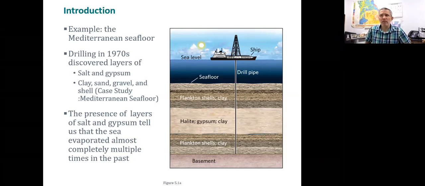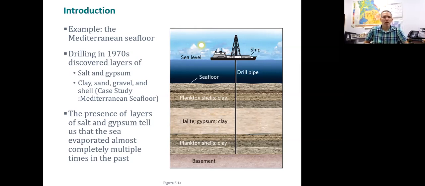When we start looking at sedimentary rocks, the first thing that we're going to be looking at are these different types of sedimentary rocks. Here's a classic example of a sedimentary rock that was taken from beneath the Mediterranean seafloor. This drill ship is drilling down, and beneath the sediment on the ocean floor, we see a number of different piles of sedimentary rocks, or sedimentary strata. We see some plankton, little drifting organisms that had shells that have become part of the sedimentary rocks.